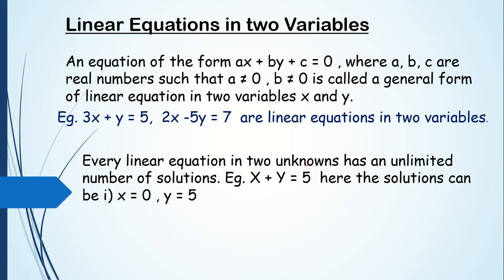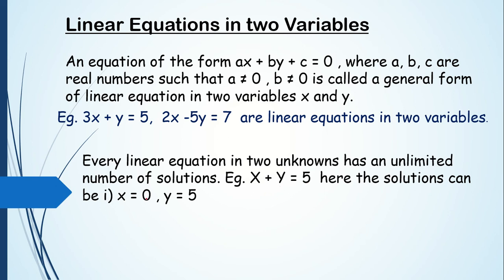Every linear equation in two unknowns has an unlimited number of solutions. Example, x plus y is equal to 5. Here, this is a linear equation in two variables, meaning two unknowns, so we can have infinitely many solutions. Like 1 plus 4 gives me 5. 2 plus 3 gives me 5.